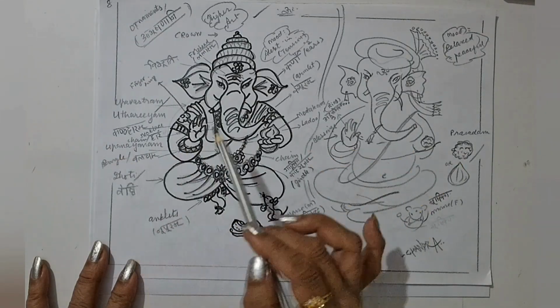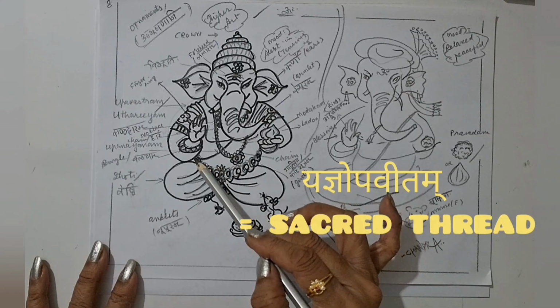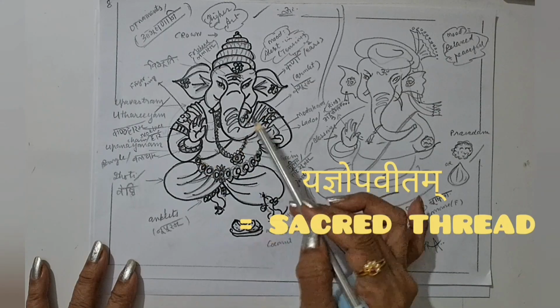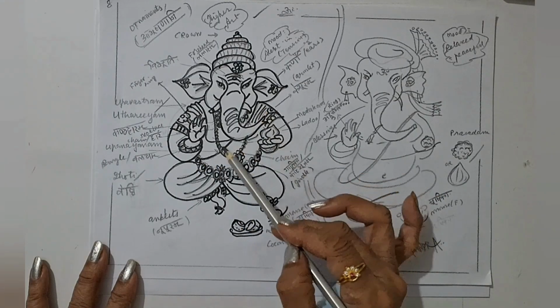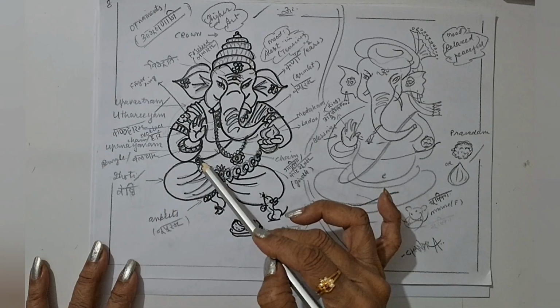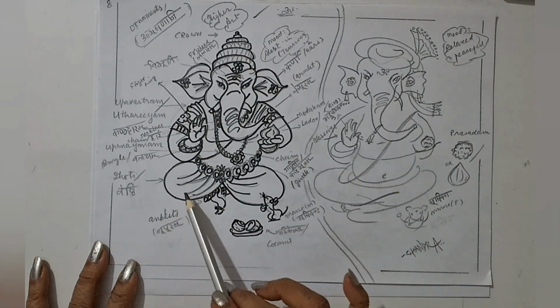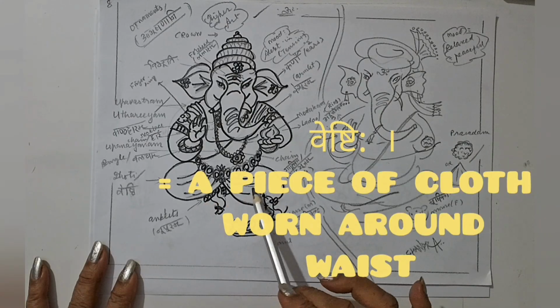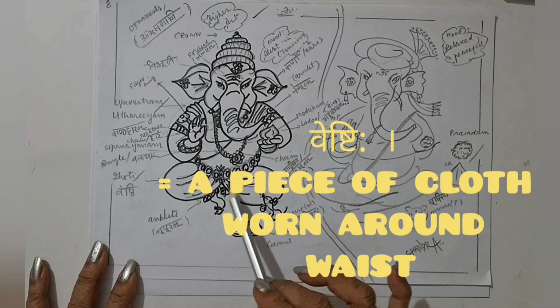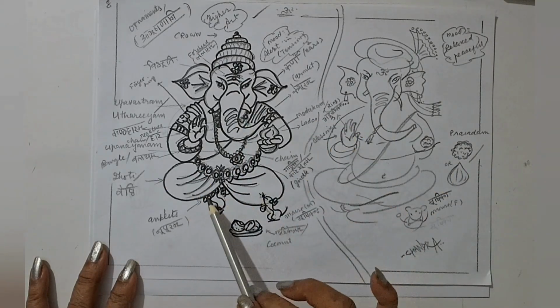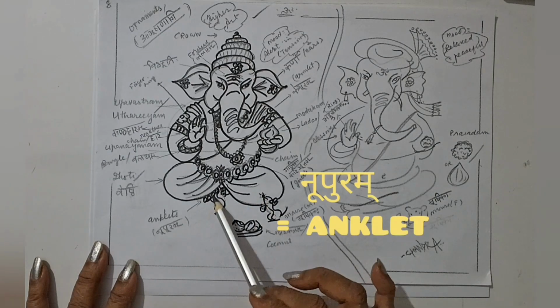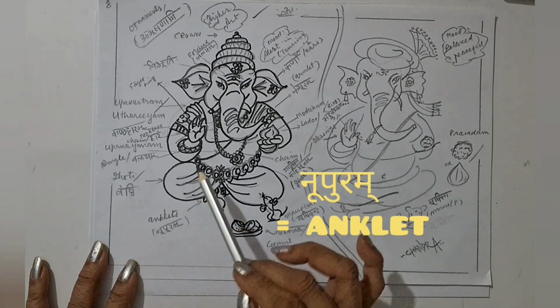Then for Upanayanam you get this yajnopavitam, the sacred thread, which comes from the left shoulder to the right side. Valayam is the bangle, dhoti or veshti. You must have seen Mahatma Gandhi wearing this dhoti. Ganapati wears colorful ones, not white. Anklets, or nupuram, you can call it.